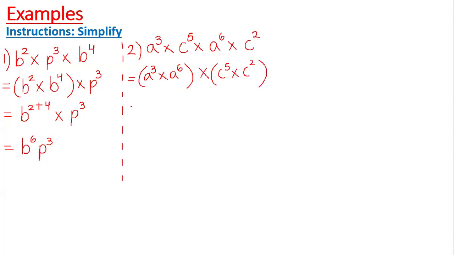It's going to be equal to A to the third power times A to the sixth power. So 3 plus 6 is going to be 9, A to the 9th power, multiplied by C to the power of 5 plus 2. Good. Do we understand that?